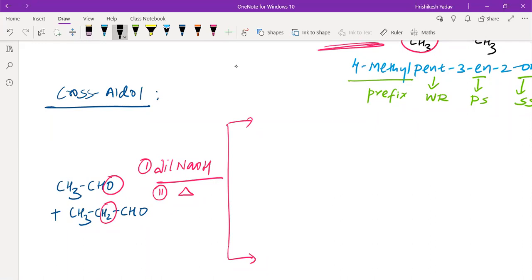The product which you are going to get, you should write here CH3CH. Now you have to put a double bond and connect the two carbons with the help of a double bond. Then I should write carbon here, and to this carbon CH3 is attached, and then further we have CHO. Try to understand.